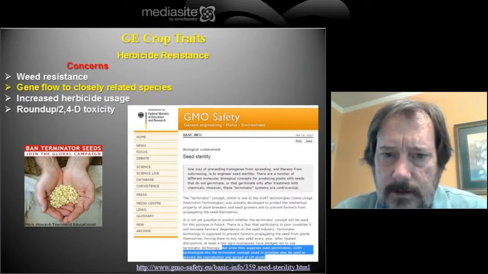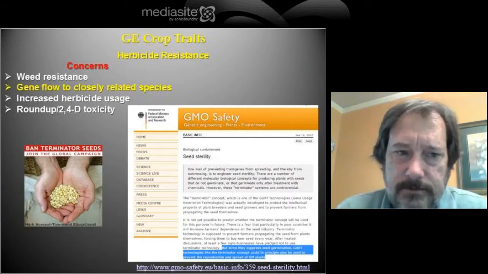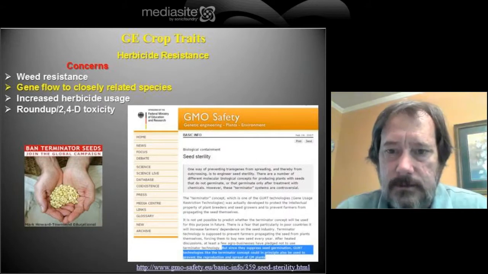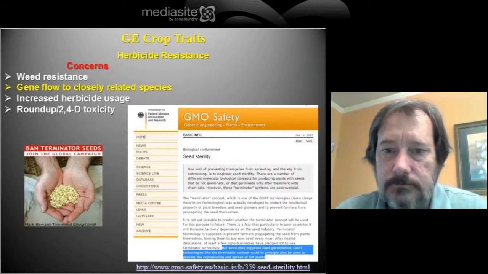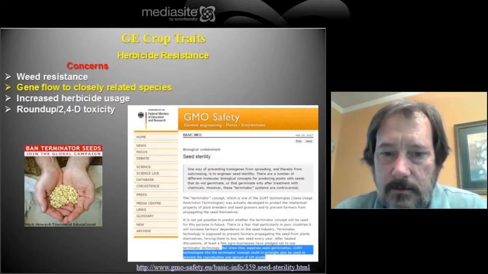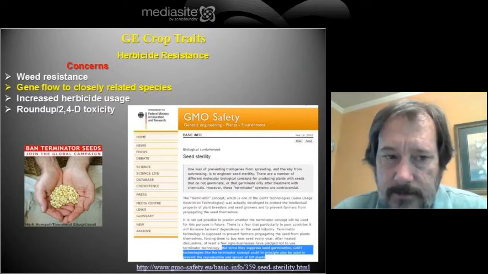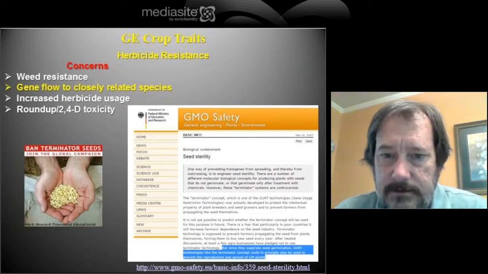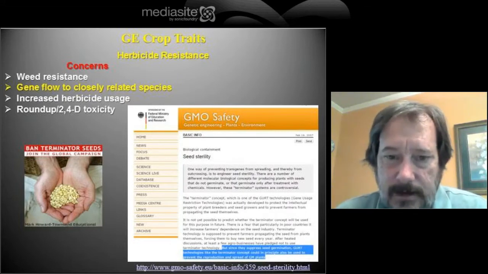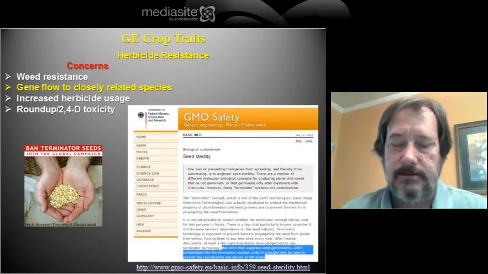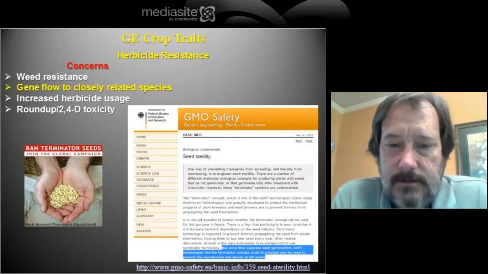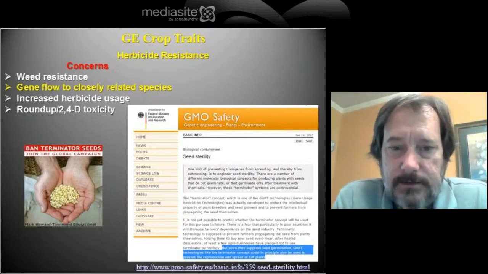That kind of technology could be used to stop or prevent gene flow, but that probably won't happen, because a lot of people are afraid the technology might keep people in Africa from saving their seeds, and the companies have said that they're not interested in pursuing this kind of technology at this time.